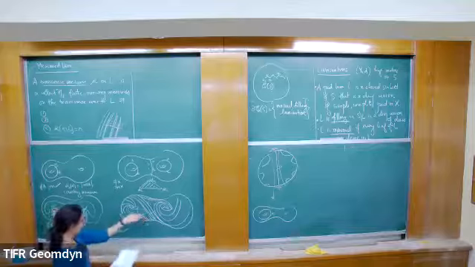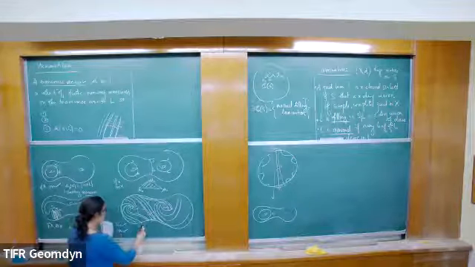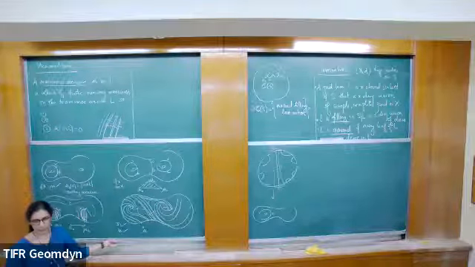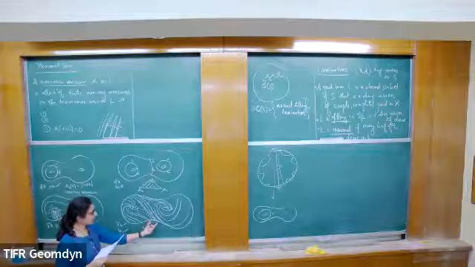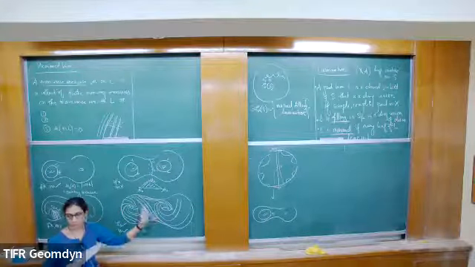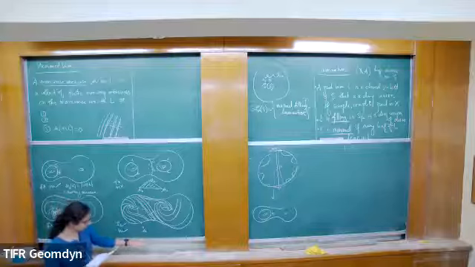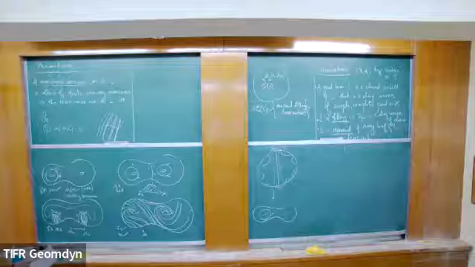And here I was trying to draw something which has only 1 measure. This is the lamination associated to a pseudo-Anosov homeomorphism. So then I will just have 1 measure on it. Okay.